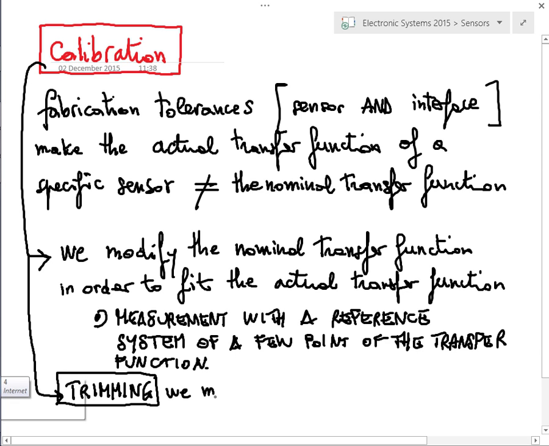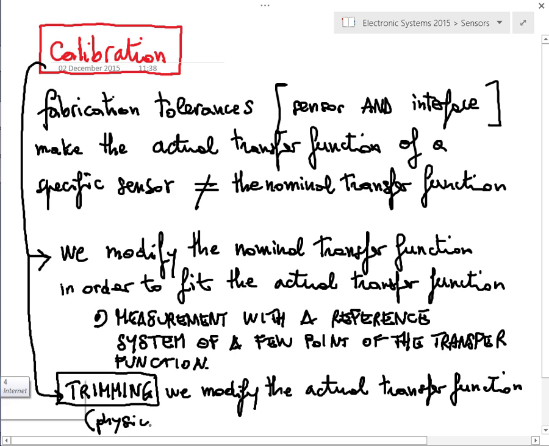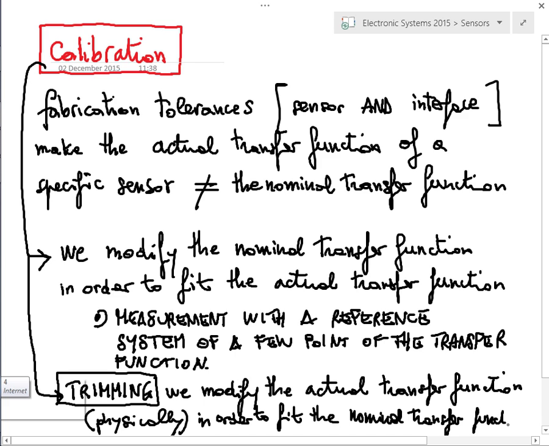With trimming, we modify the actual transfer function physically in order to fit the nominal transfer function.